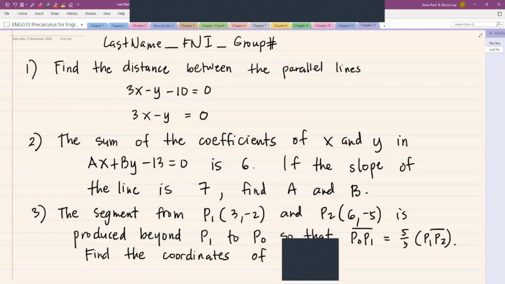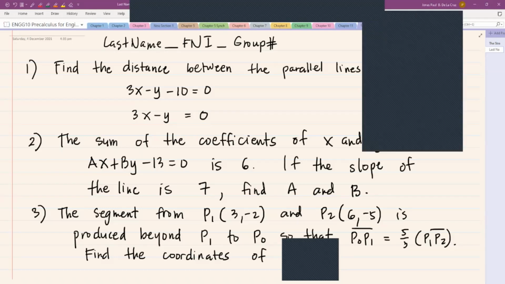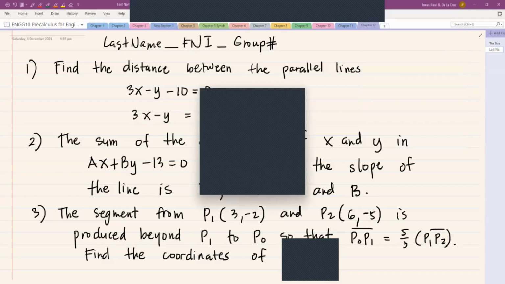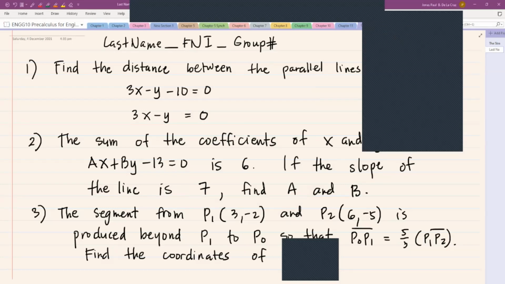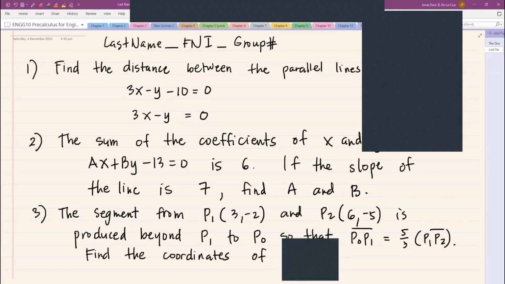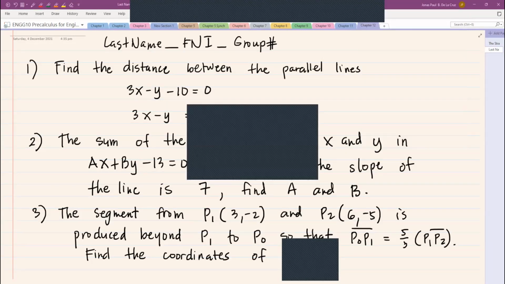As long as mapunta na kayo sa breakout rooms ninyo, you can start answering, and you have until siguro 6 p.m. to submit your solution sa MBLE under chapter 11 and 12. I-stop recording ko na.